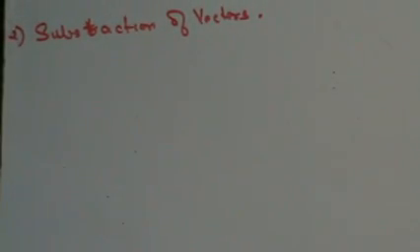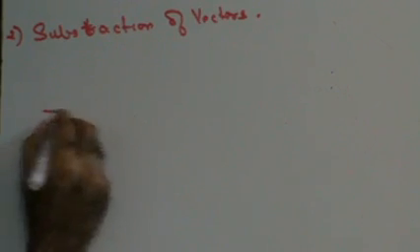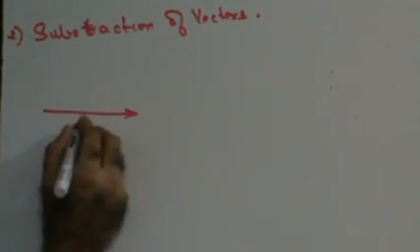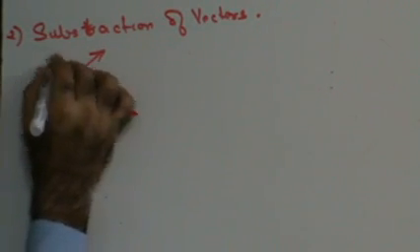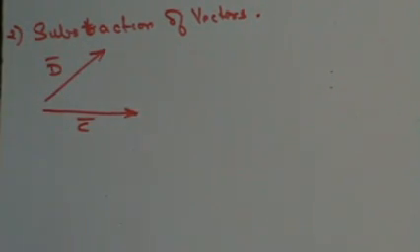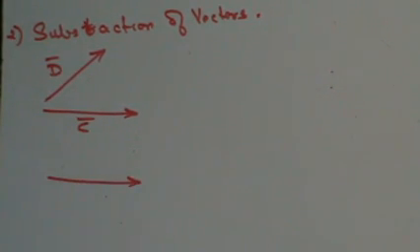Subtraction of vectors. I had explained this also to you in the last lecture. If I have two vectors, say C vector and D vector, and I want to subtract them, how do I do it? First draw C vector as it is.